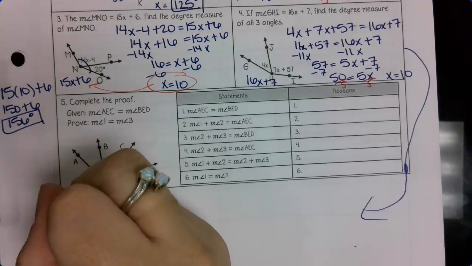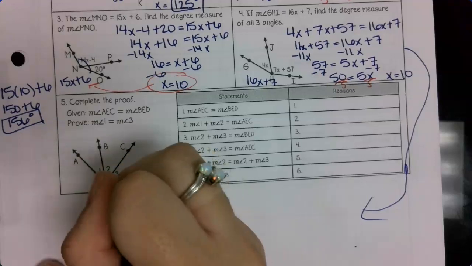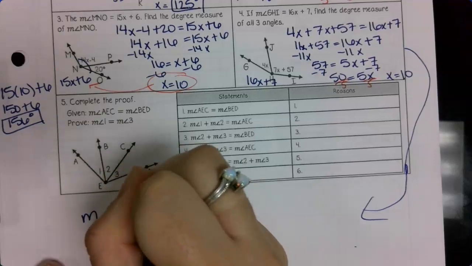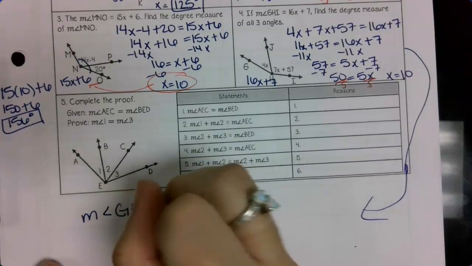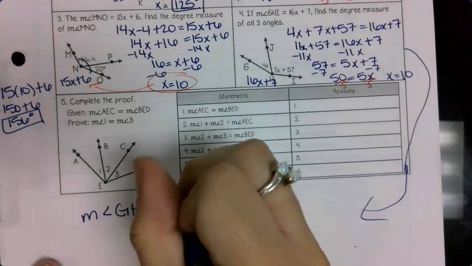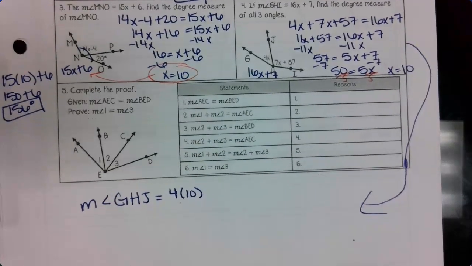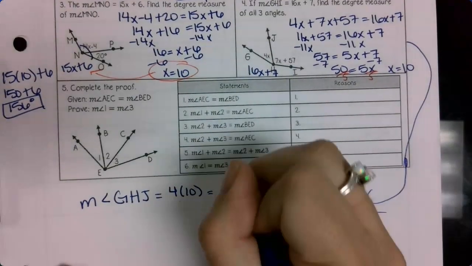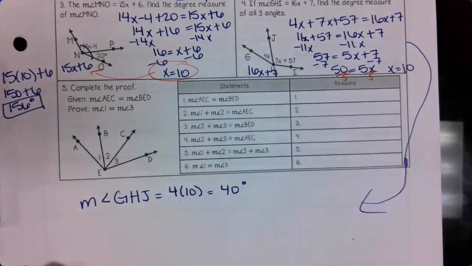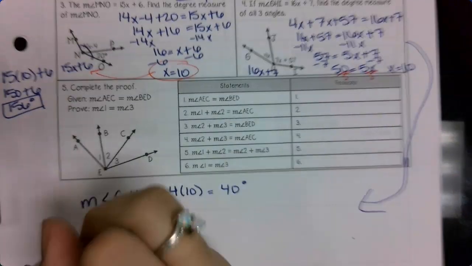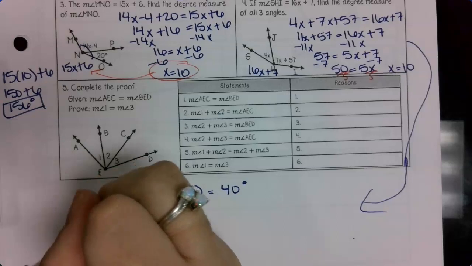So, the first angle it wants me to find is GHJ. That one is 4x. So when I go to solve it out, I'm going to do 4 times 10. Then the next one I want to do is JHI.